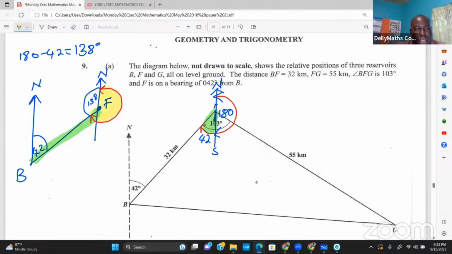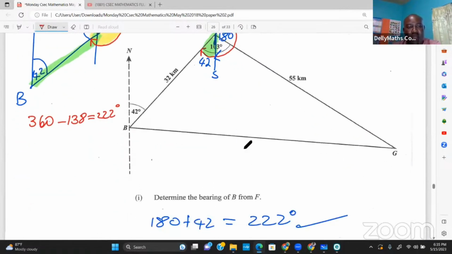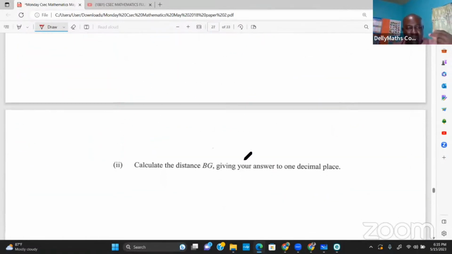Isn't it true that if I take my 360 and I take out that 138, I will get the same answer? It's up to you how you want to approach it, right? But the key thing is you want to mark the bearing, take a look at it. Most times there are a number of ways to get there. Get there the way that you understand best. I won't force you to do any method. So there it is, 2 methods quickly.